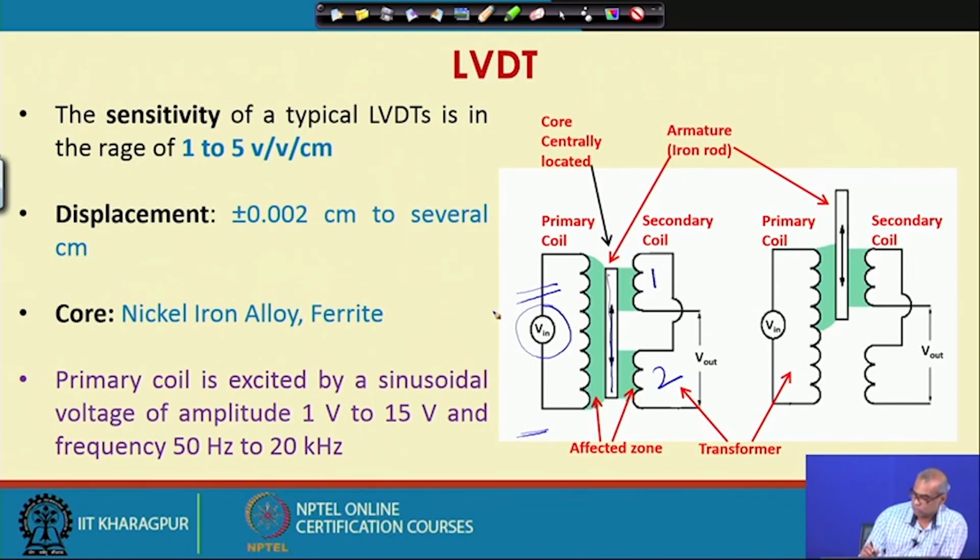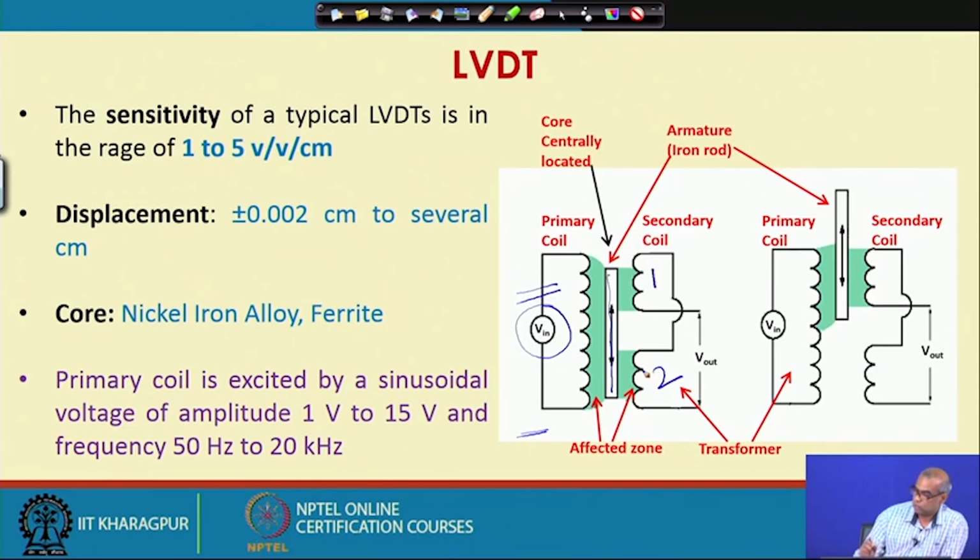Now, when this soft iron core is centrally located, these two secondary coils are equally affected. These two secondary coils are identical. They are connected in series opposition.